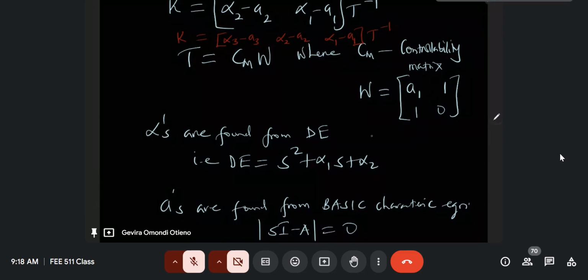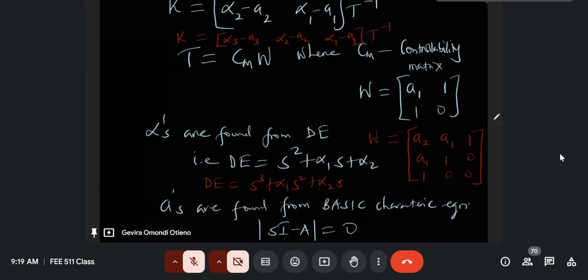So W needs to change also. So W would be A2, A1, 1, and A1, 1, 0, and 1, 0, 0. So for a 3 by 3 matrix, you'll have it as that. For a 3 by 3 matrix, your DE would be S cubed plus alpha 1 S squared plus alpha 2 S plus alpha 3.